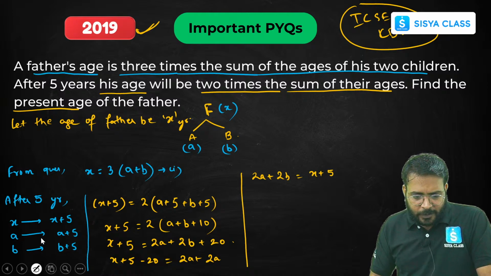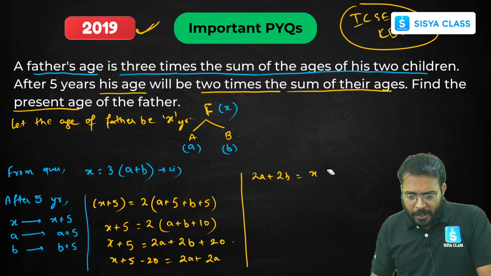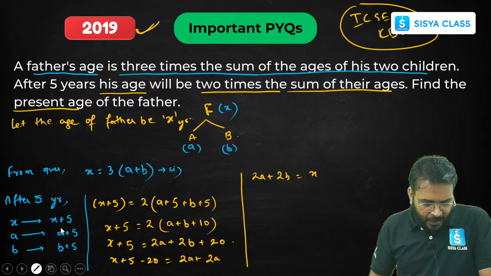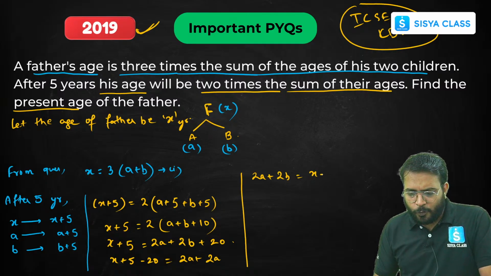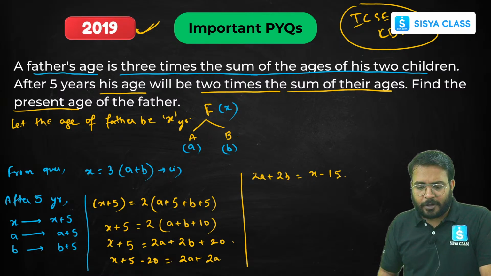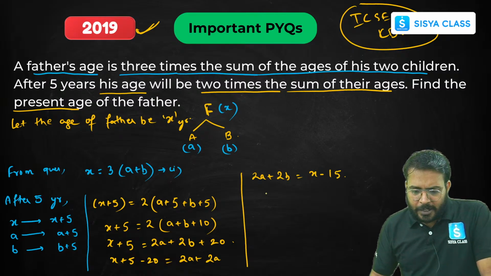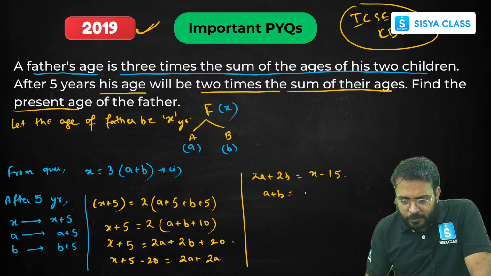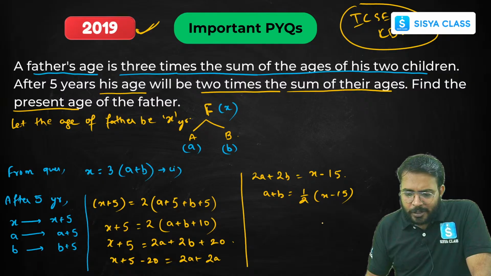Now, can we find out the value of A plus B? So the A plus B value is going to be 1 by 2 times (X minus 15).